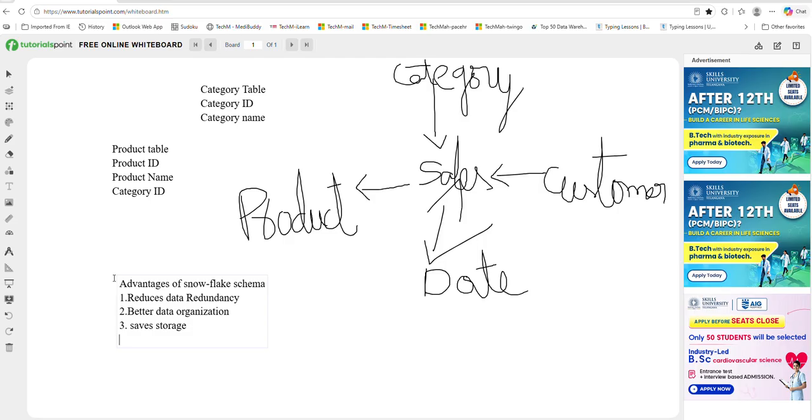Now I will explain some disadvantages. For snowflake schema, some disadvantages are there. So now I will explain what are the disadvantages of snowflake schema.